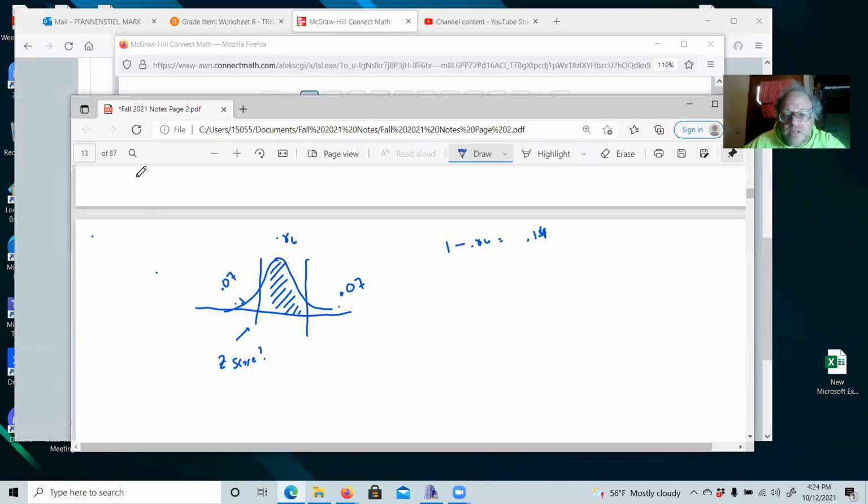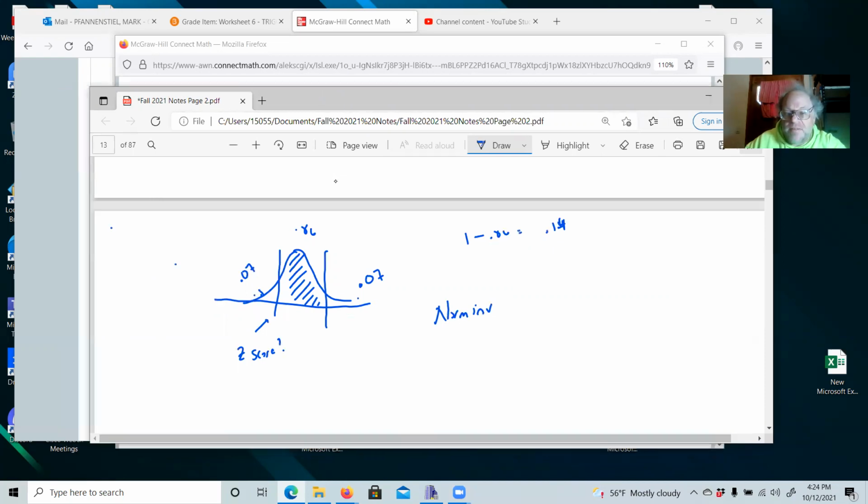In order to do that, that's going to be a norm inverse. Okay, so 86 in the center, because that's what they told us, right? 86%. And then we have a little bit on either side. So we're going to do norm inverse. What's the probability? The probability is 0.07. It's always a standard normal, so our mean is going to be 0, our standard deviation is going to be 1.